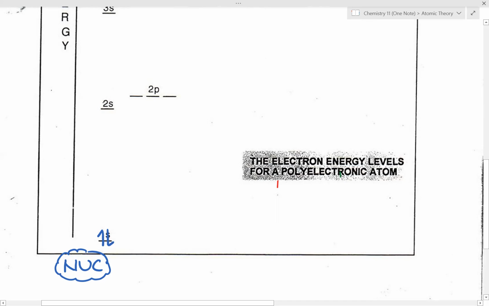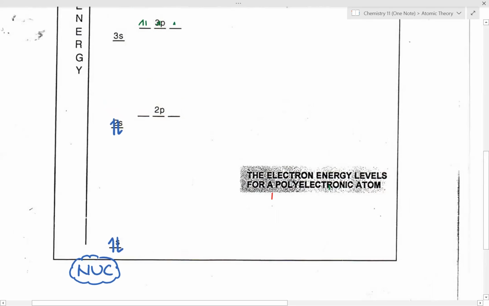We fill the next one. It's 2s, so 1, 2. So we've drawn 4 so far. Now we keep on moving up. The next one is the p. So what we have is we go 1, 2, 3.